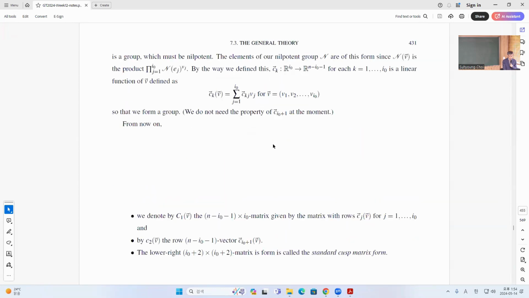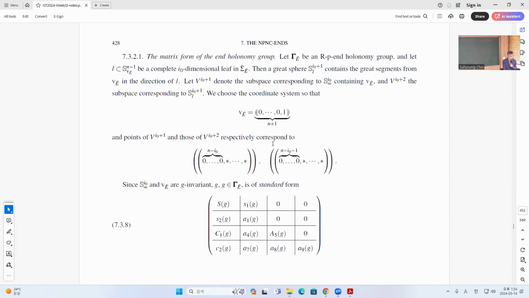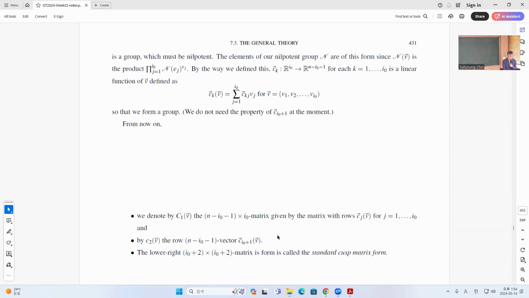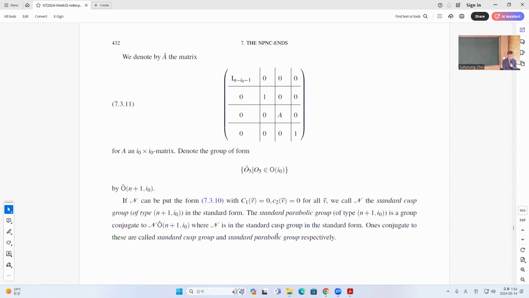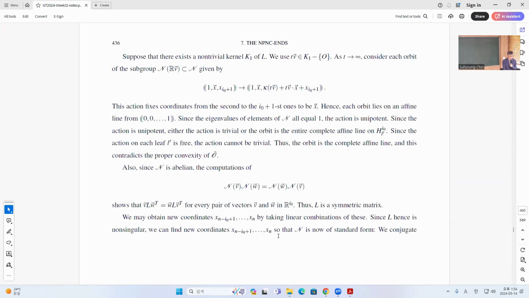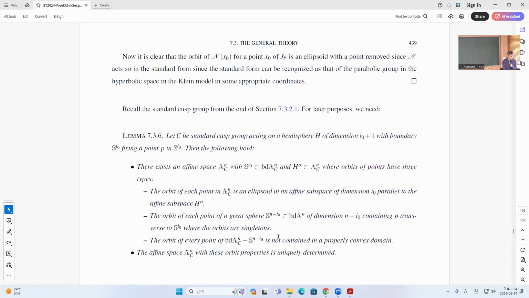A5 is this matrix, so this is in the standard form, so this is the A5 matrix. Right.